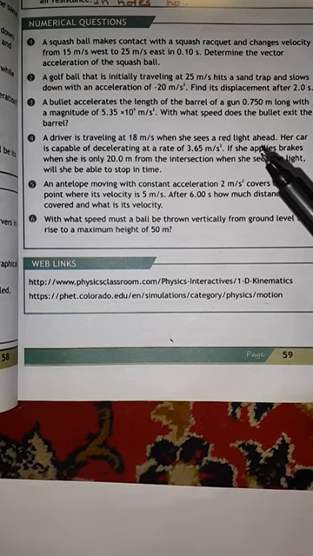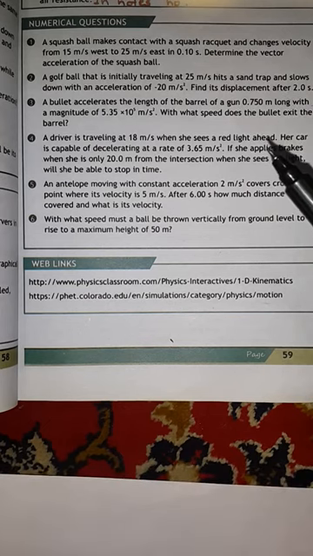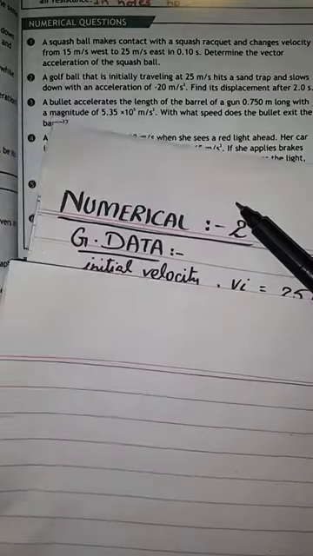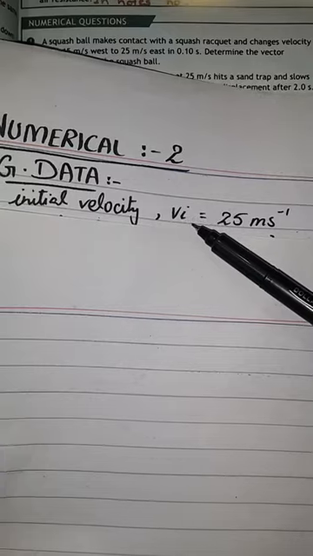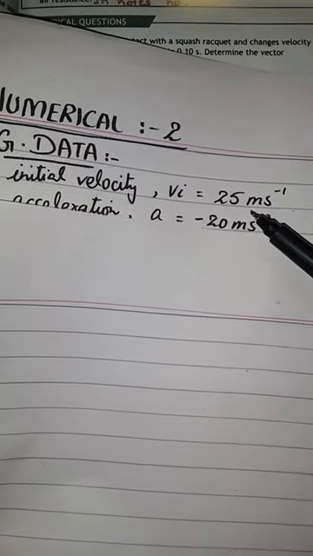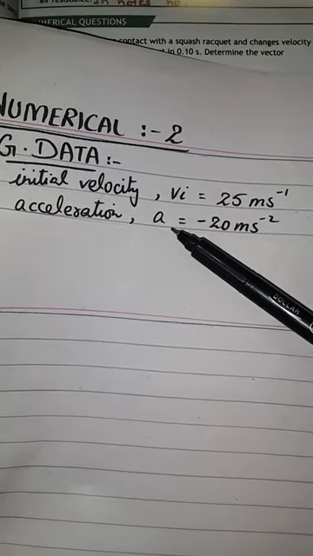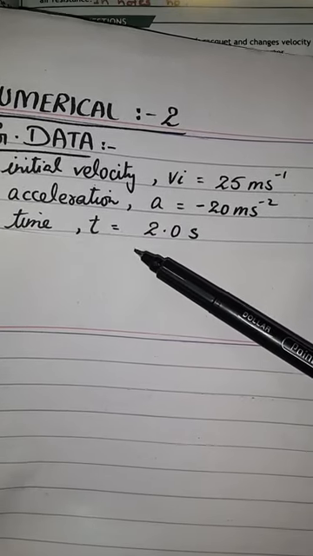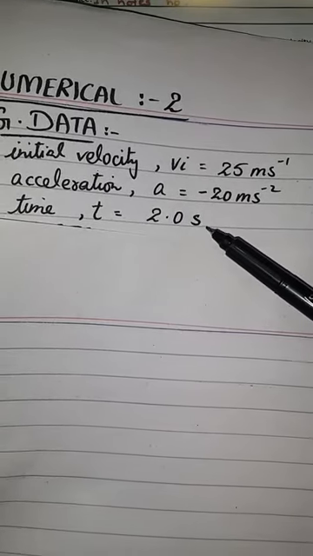So our given data will be: initial velocity VI is 25 meter per second, acceleration A equals minus 20 meter per second square, and the time is 2.0 second.